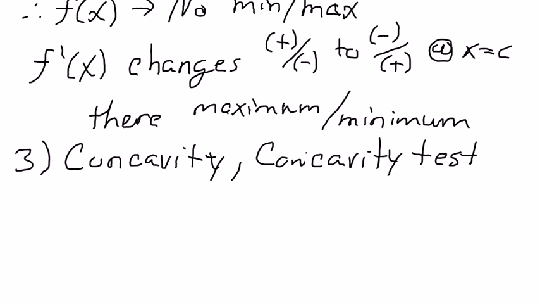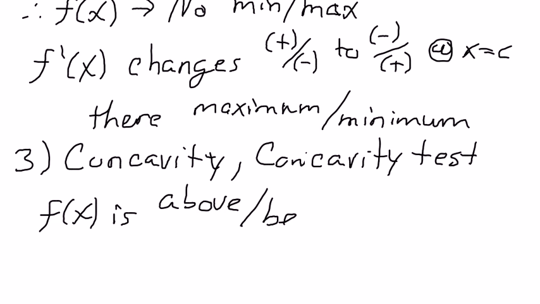Okay, so if a function f(x) is above or below the tangent of that function over some closed interval, then it's called concave upward or concave downward.